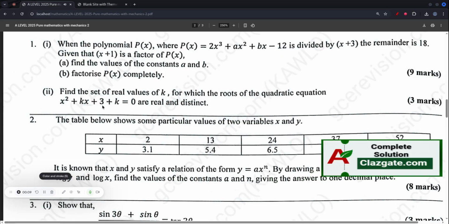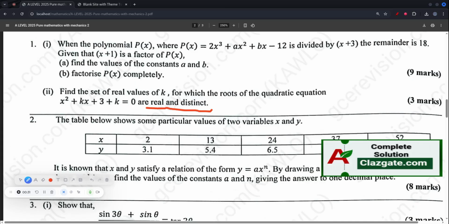Okay, and then question number 1 sub 2. It said we should find the set of real values of K for which the roots of the quadratic equation are real and distinct. Let's not forget that.